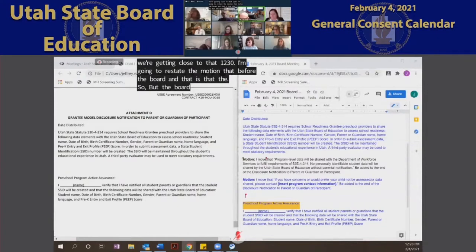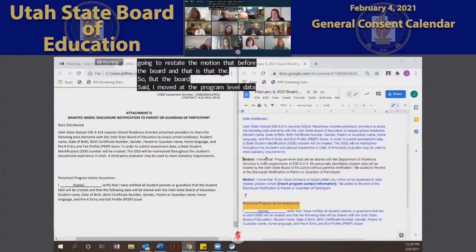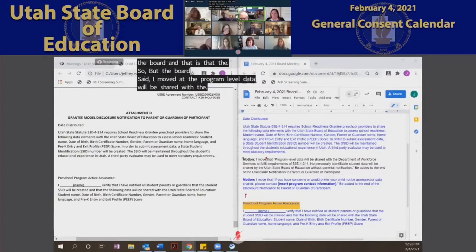No personal identifiable student data will be shared by the Utah State Board of Education without parental notification, period. And this be added to the end of the disclosure notification to parent or guardian or participant. That is a motion that's on the board.